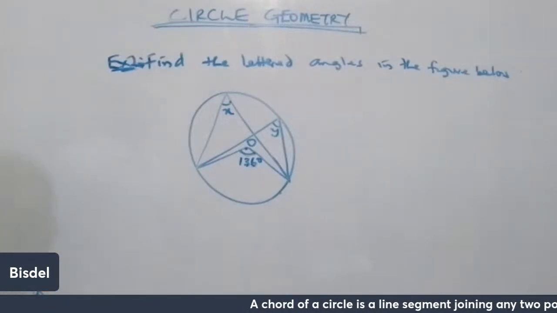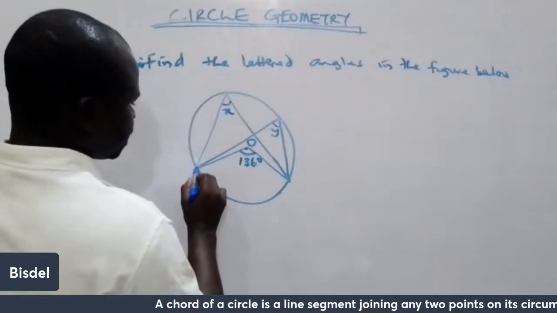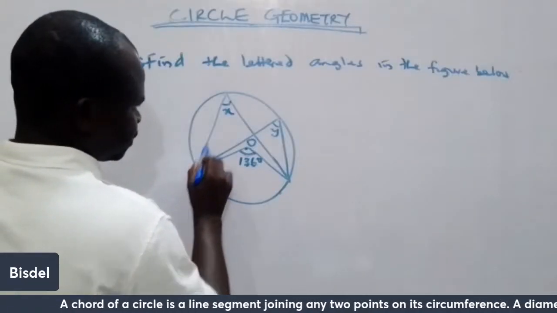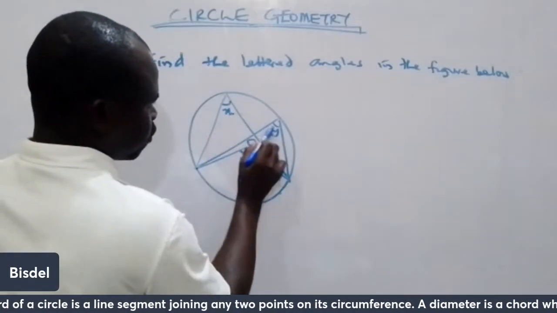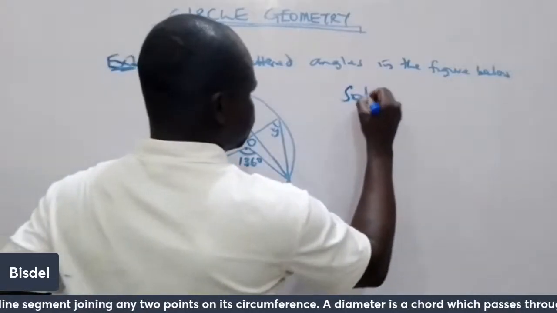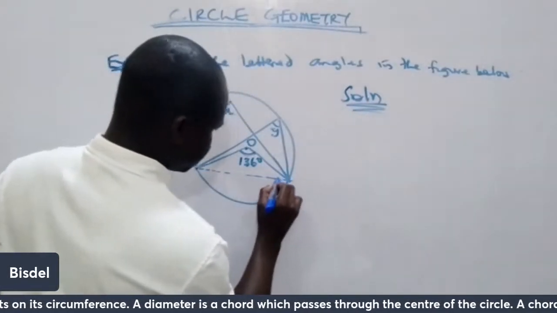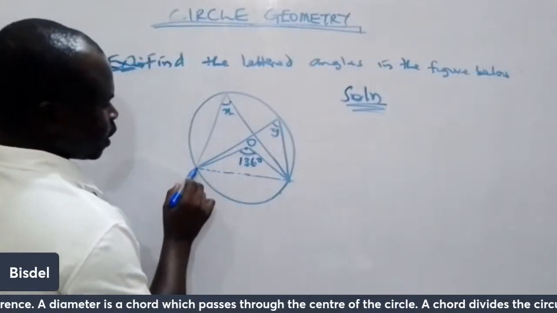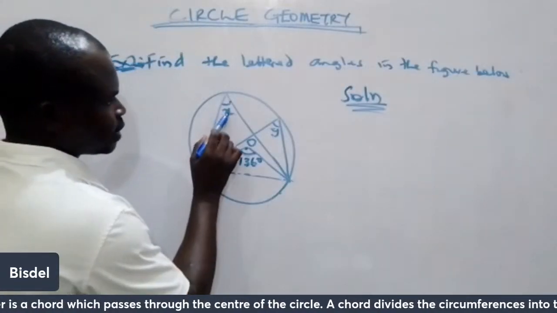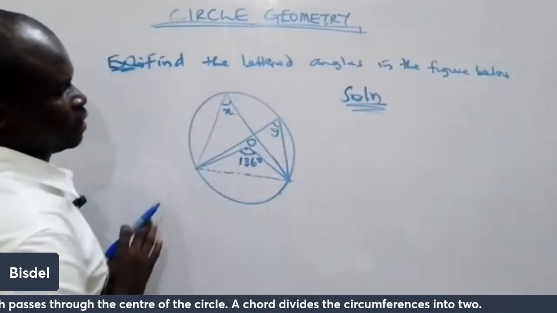Of course, we know that X and Y will be equal. How do I know? If I sketch out a chord here, I realize that angles X and Y are on the same segment.